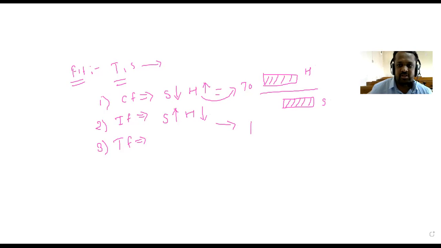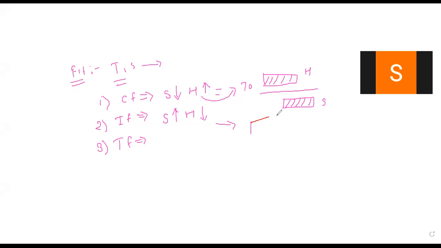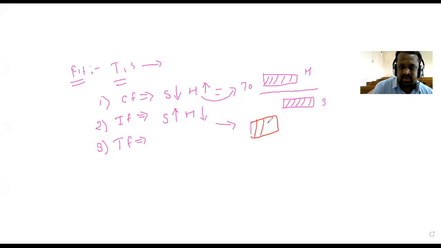What is the condition for the interference fit? The tolerance zone of the shaft should be above the tolerance zone of the hole. So this is the tolerance zone for the shaft and this is the tolerance zone for the hole.